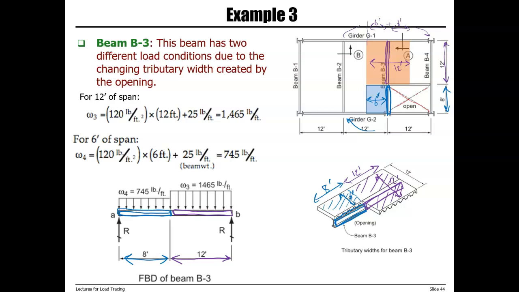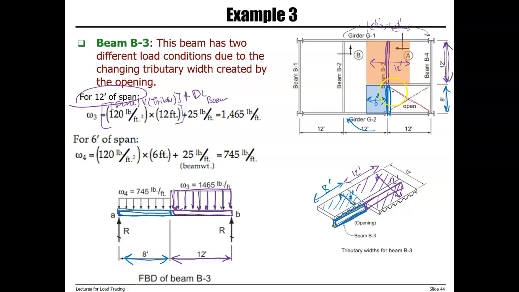So for the 12 feet section here, with a tributary width of 12, we have dead load and live load times tributary width, and then we added dead load of beam. So here for this section, the load is 1465 PLF.